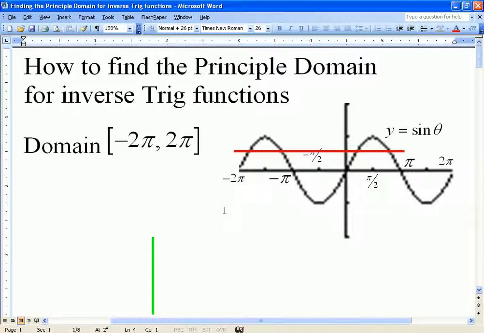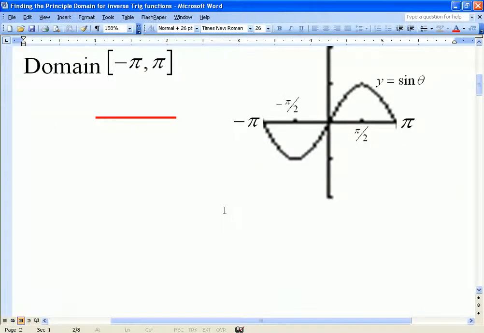What we would like to do over here is to restrict the domain of y equals sine theta so that the inverse of the sine function is also a function over that restricted domain. I have now restricted the domain. Instead of from negative 2 pi to 2 pi, I have restricted the domain from negative pi to pi.